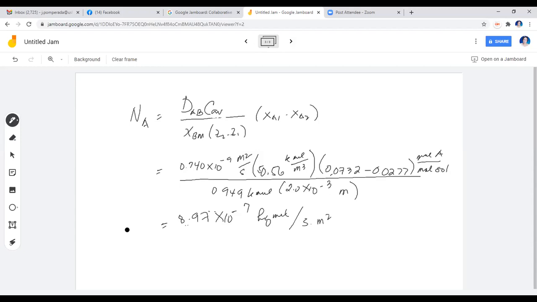This is already the flux. This is the flux of A, or the rate in which your A, in this case ethanol, is going to diffuse to the solvent, or the organic solvent that is stated in the problem. So this is our first sample problem for this afternoon under liquids.